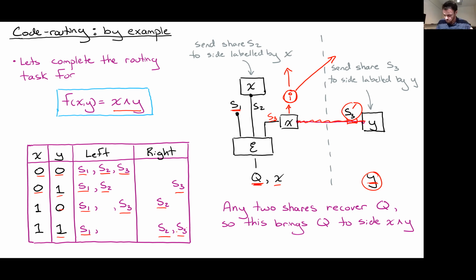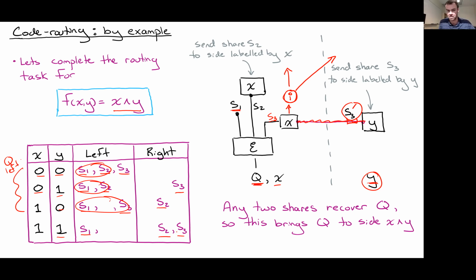Good. So what has this done for us? Remember that the code corrects 1 erasure error. So whoever has 2 or more shares will recover Q. So in these first 3 cases, the person on the left holds at least 2 shares, and so Q is on the left in these first 3 cases.